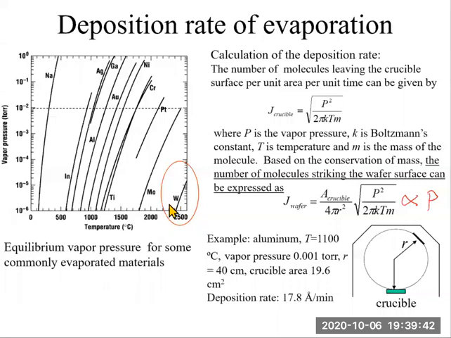We need a very high temperature, and its deposition rate will be very, very small. And tungsten is known to have the highest melting point of all metals. So tungsten has the highest melting temperature of all metals.